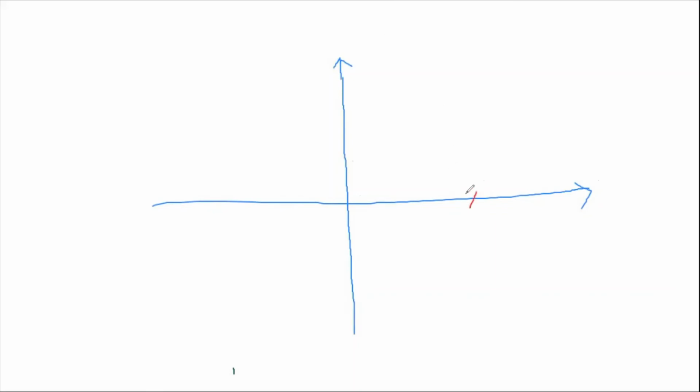So we have poles at say plus 2 and plus 3 and zeros at minus 2 and minus 3.